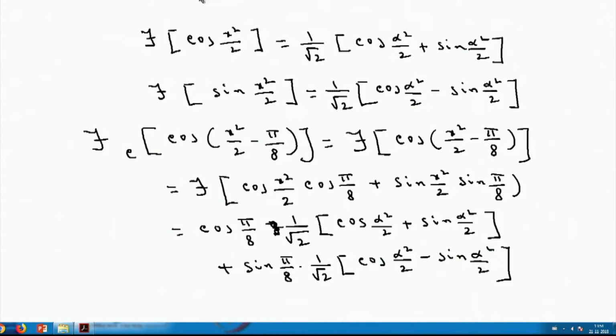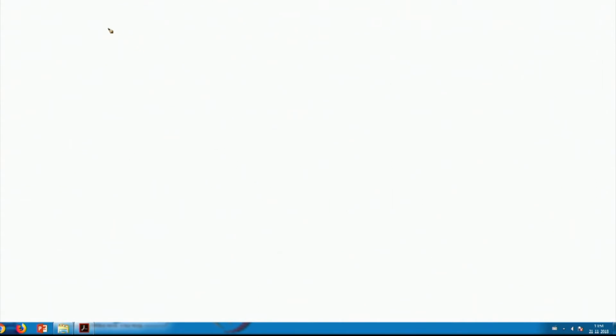So, from here I can write down Fourier cosine transform of cos of x square by 2 minus pi by 8.